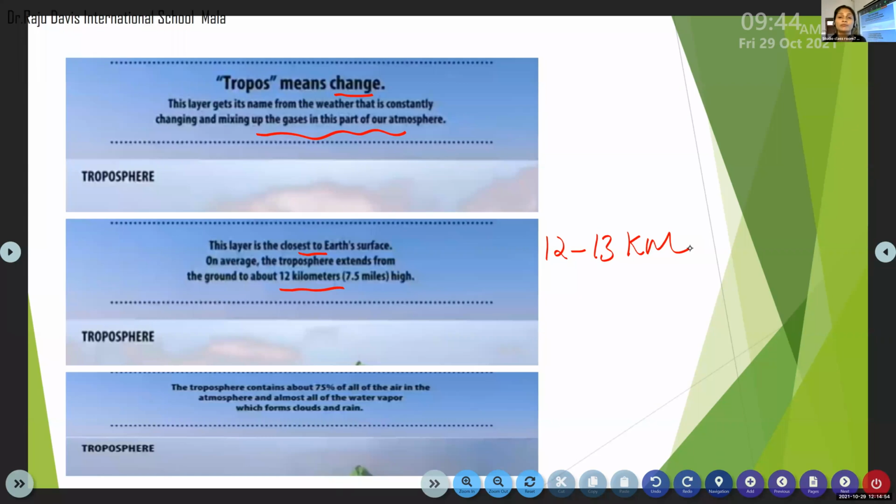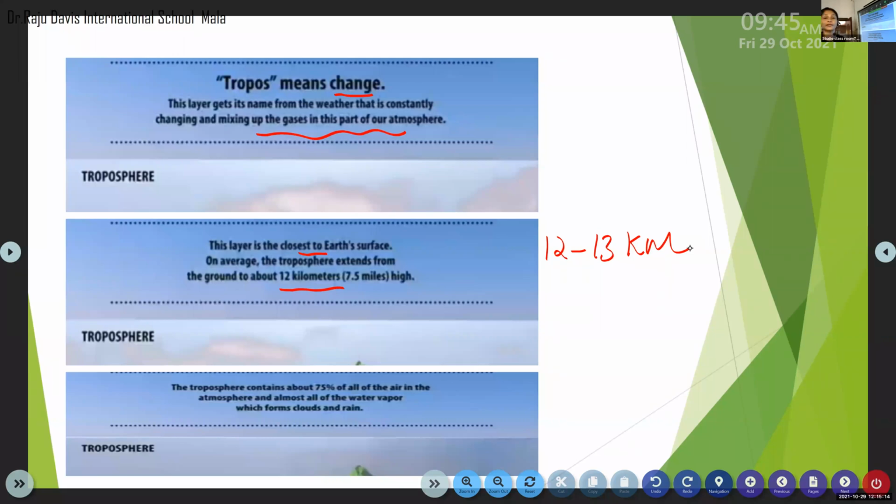So, children, this is the most important layer. Why has it become the most important layer? Can you guess? Because the air we breathe is here. This layer is closest to the Earth's surface.